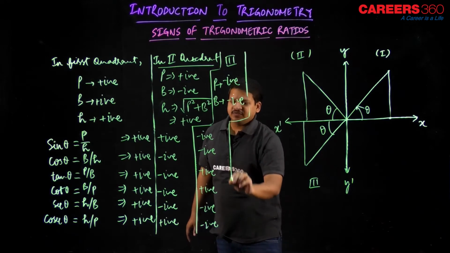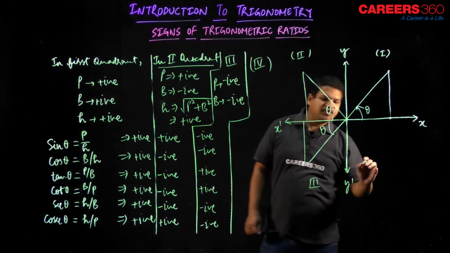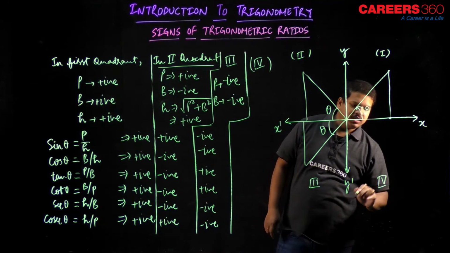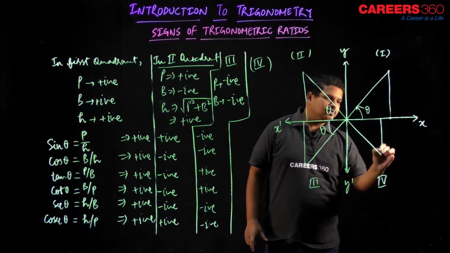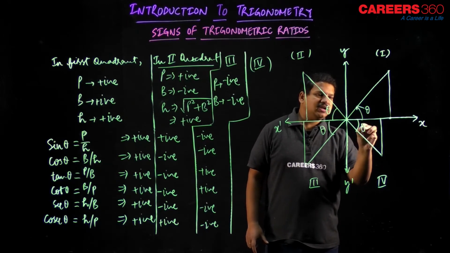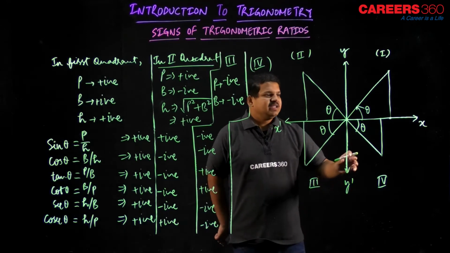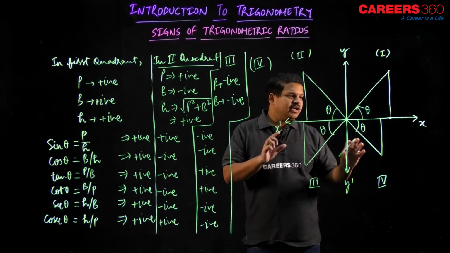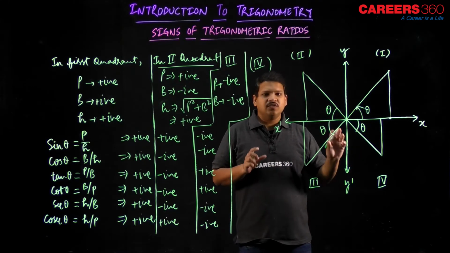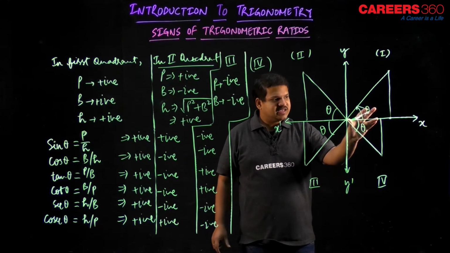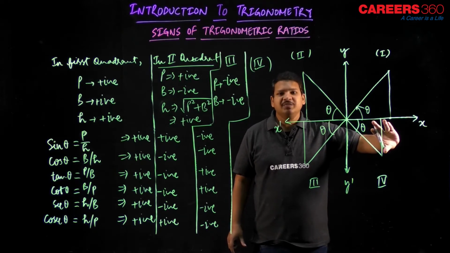Now proceeding forward to the fourth quadrant. Again let's assume one triangle over here and I am talking about this theta. If this is a theta, then I can simply observe that in this case the base will be positive and the perpendicular will be negative.